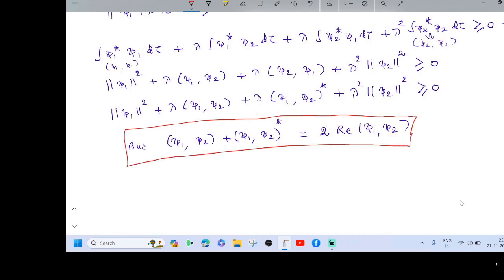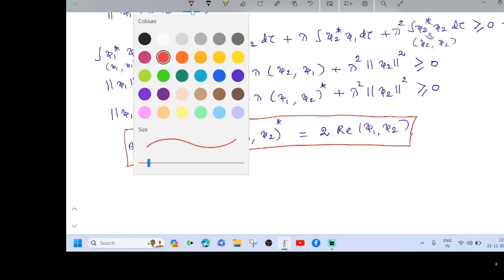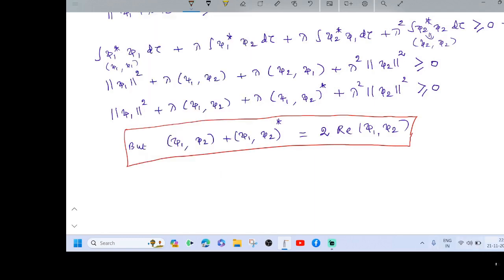Now we have to apply this rule in the above expression. Say this is equation 6. In equation 6 we have to apply this. Norm square of psi 1 plus, instead of psi 1 comma psi 2 plus psi 1 comma psi 2 star, we can write 2 times real part of psi 1 comma psi 2.